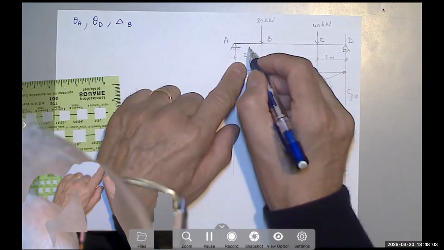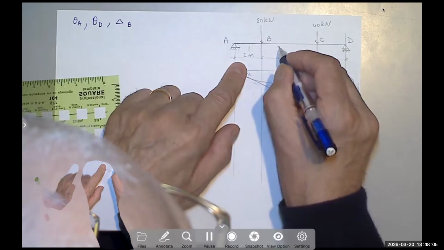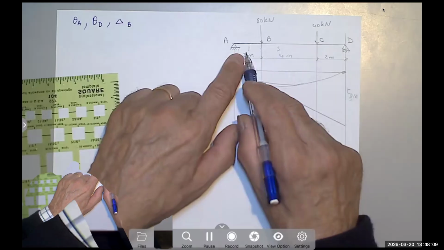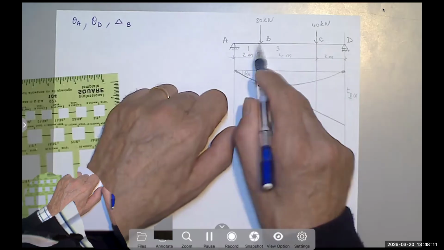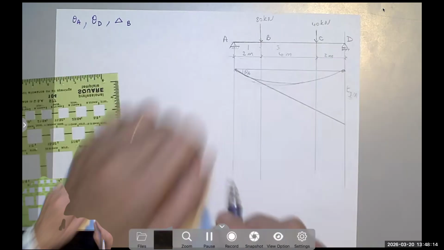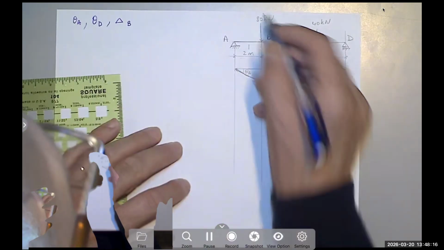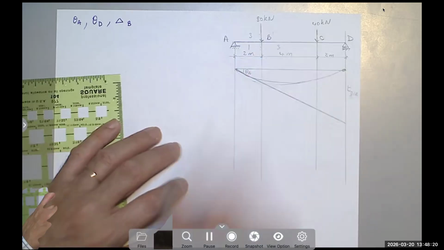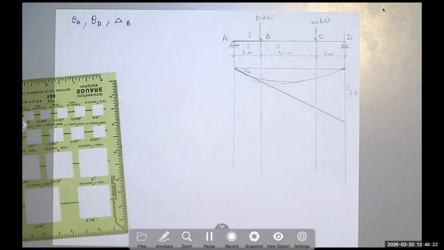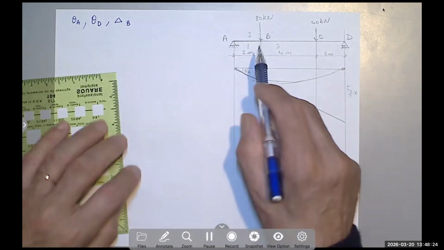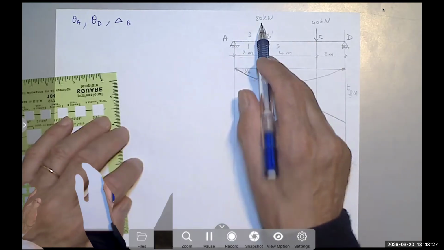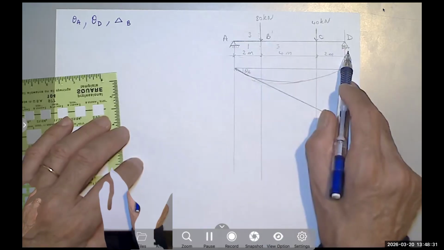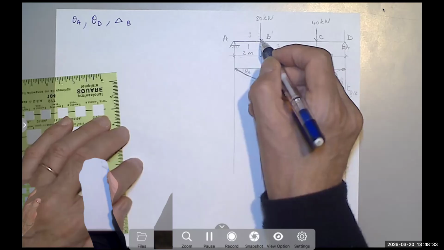If this is 1 to 3, meaning out of 4 pieces, one is here, which is 2 meters, and 3 is here, which is 6 meters, then the reaction from that concentrated load will be divided 3 to 1, just the opposite. So 3/4 of the 40 will go here, and 1/4 of the 40 will go there. Which 40? Remember, we divided that into 40 and 40.